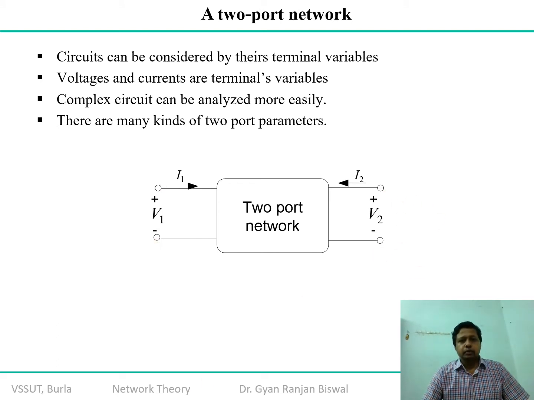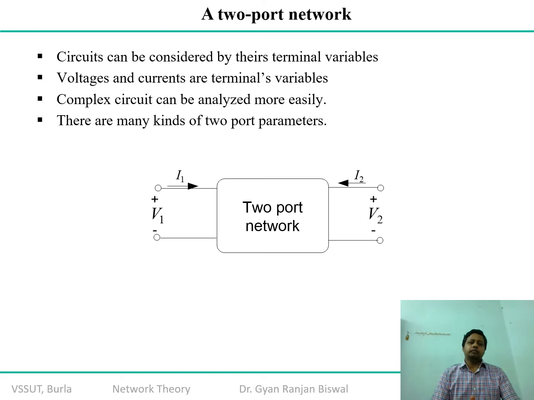Across the input terminal, the current injecting is I1, the potential or source is V1, and similarly at the output port the terminal voltage is V2 and the current is I2. Looking into the KVL philosophy, we by default assume both directions of current are inward.